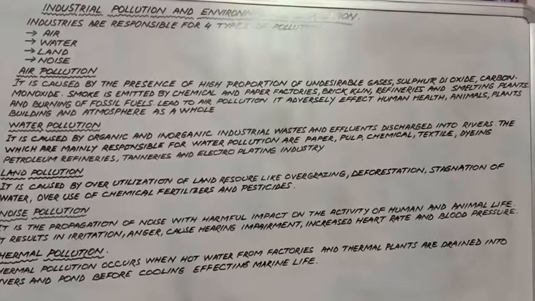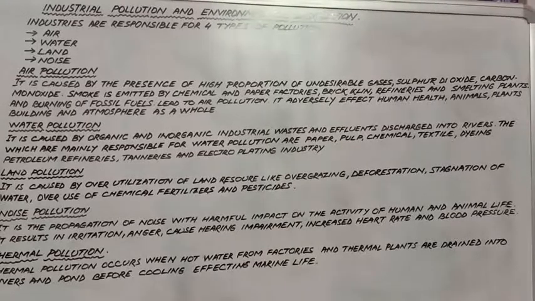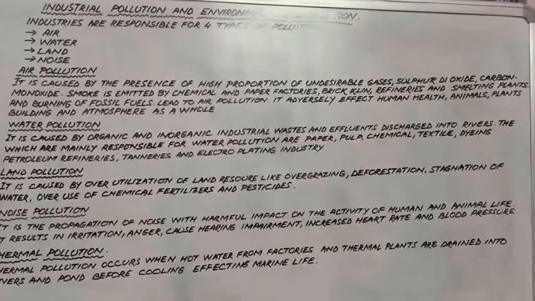The next one that we will be talking about is water pollution. This pollution is caused by organic and inorganic industrial wastes and effluents discharged into the river. You know that the river waters get dirty. How does the water become dirty?